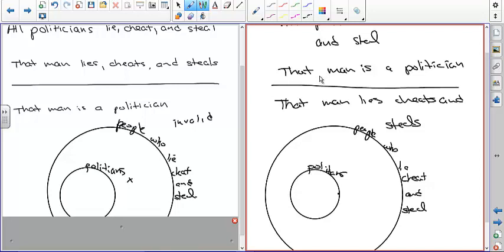Okay, that man is a politician. Well, that means he has to be inside the small circle because he's a politician. As a consequence, because he's in the small circle, he has to be in the big circle. So this is a valid argument.